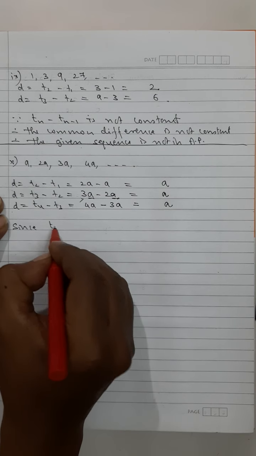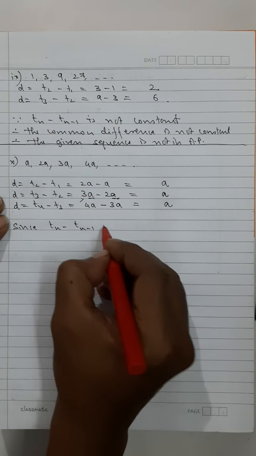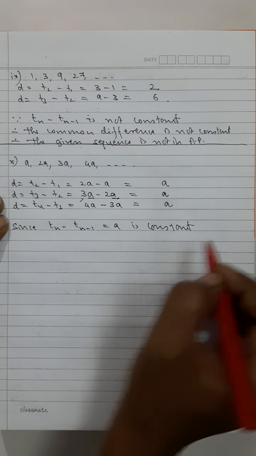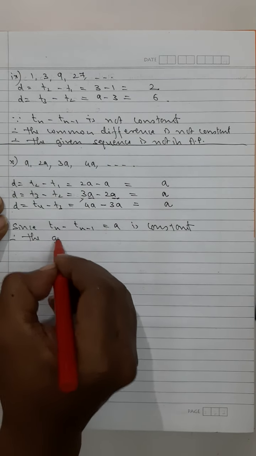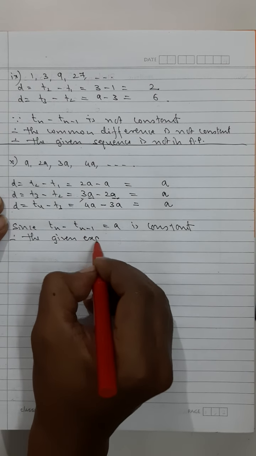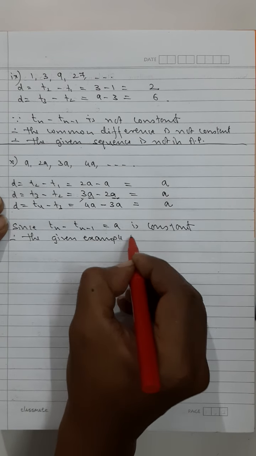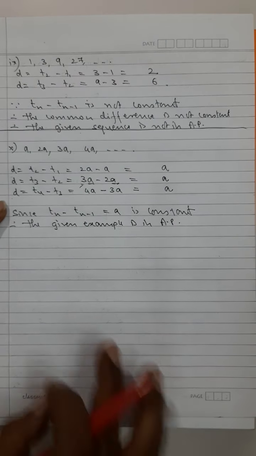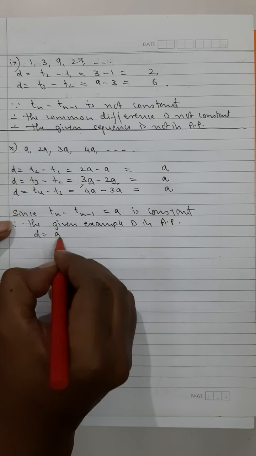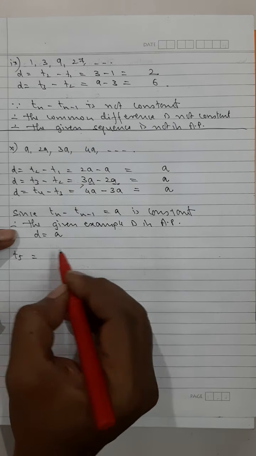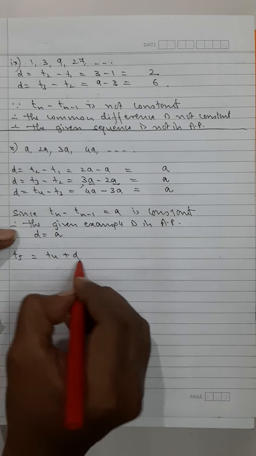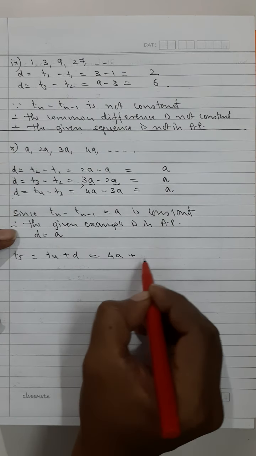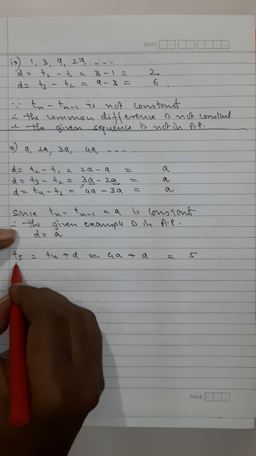Since Tn minus Tn minus 1 is equal to A, which is constant, therefore the given example is in arithmetic progression, since the common difference is constant, where D is equal to A. T5 is equal to T4 plus D, always the previous term plus D. The previous term is 4A plus A, which will be equal to 5A.